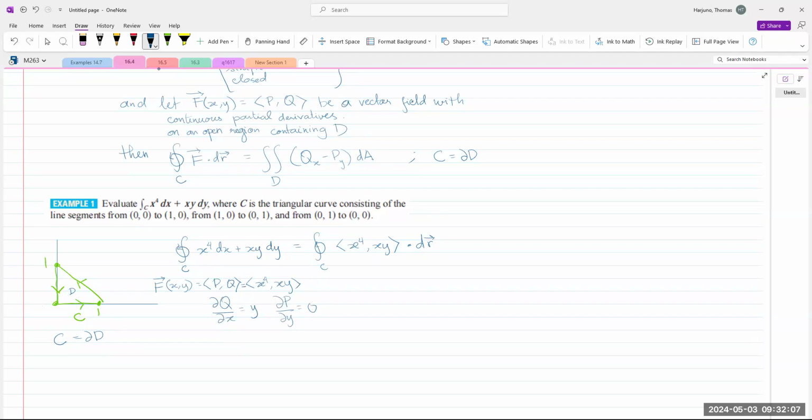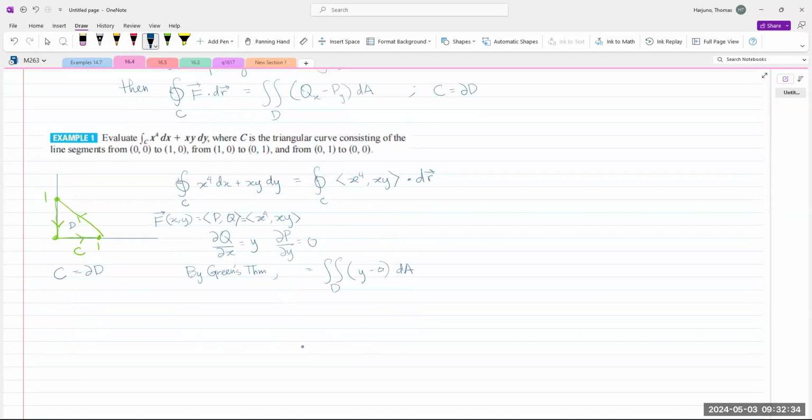Okay, so by Green's theorem, that integral becomes the double integral over D, the region that closed curve C encloses, of the integrand y minus 0 dA. Then we rewrite that region D, being more specific, with the double integral from 0 to 1, and the integral from 0 to 1 minus x, of y dy dx.